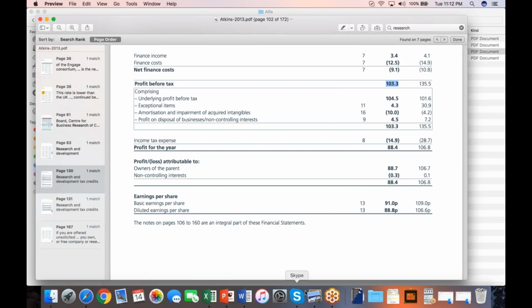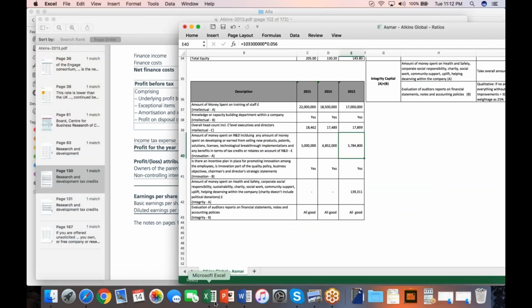If I come to the Excel and write here 103.3, and multiply it with the overall tax percentage, which was 14.4, that is multiplied by 0.144.